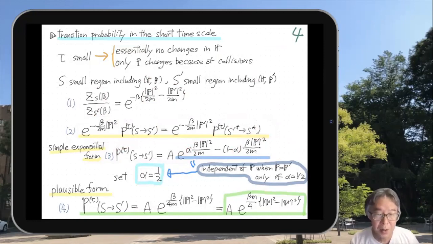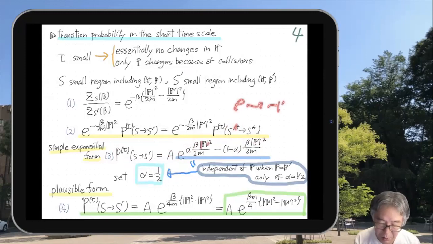To show that this satisfies this, you simply plug this in here. Of course you have to take this star, but this is just switching the sign of momentum, and you have this absolute value, so it's almost nothing. You simply plug this in and you see that this is satisfied for any alpha.